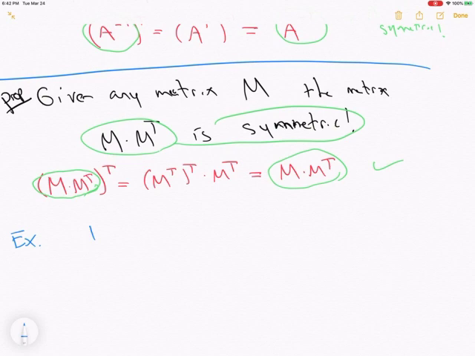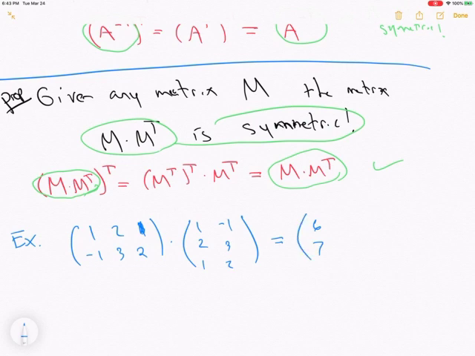If we took the matrix 1, 2, 1, minus 1, 3, 2, this matrix is not symmetric, but if we multiply it by its transpose, you're basically doing the dot product, so you get 1, 4, 6, and then here you're doing minus 1 plus 6 is 5, plus 2 is 7.